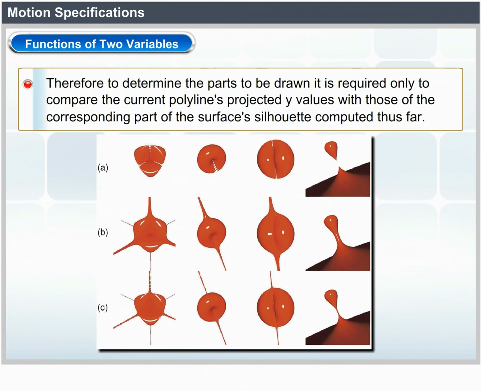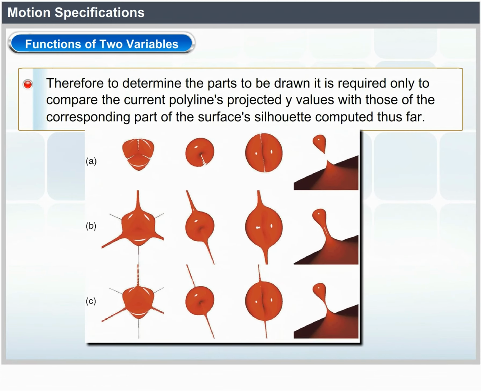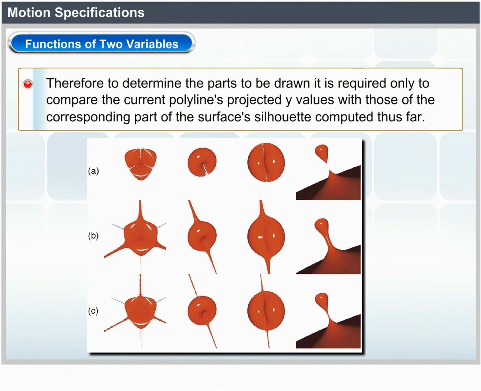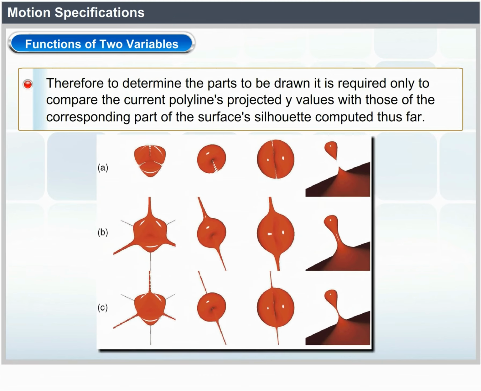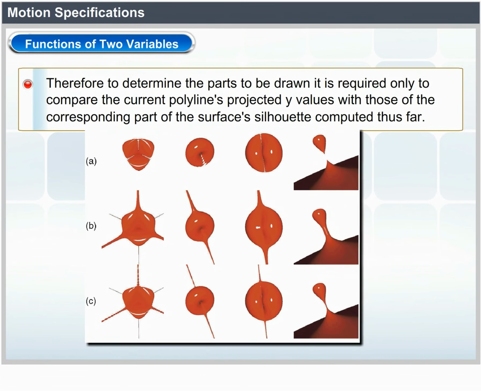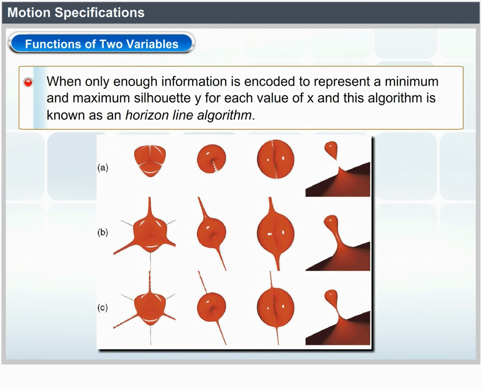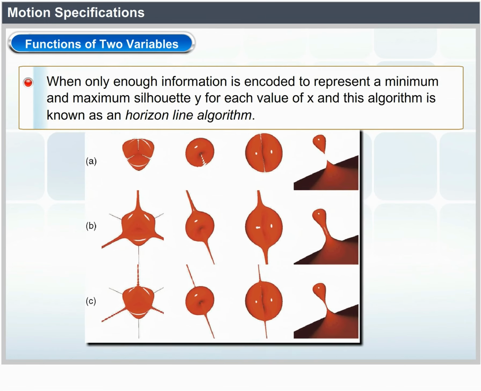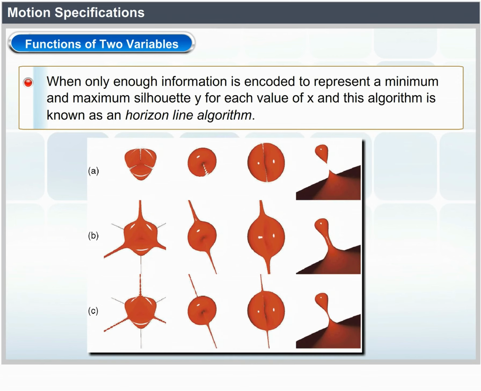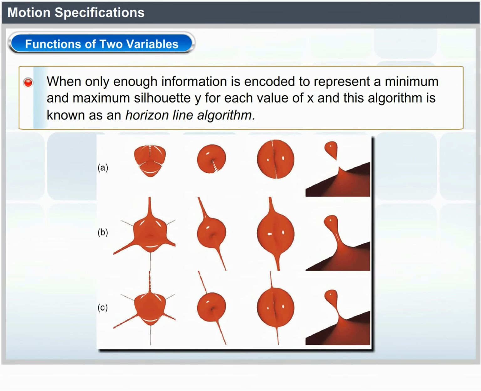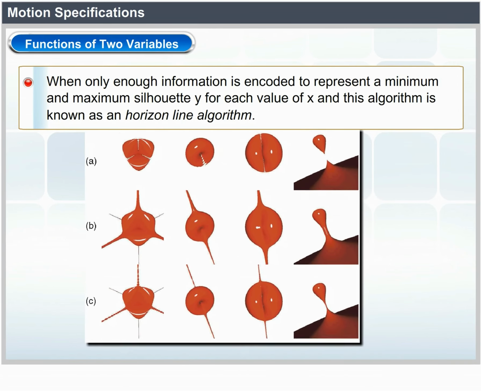Therefore, to determine what parts are to be drawn, we need only to compare the current polyline's projected y values with those of the corresponding part of the surface's silhouette computed thus far. When only enough information is encoded to represent a minimum and maximum silhouette y for each x, the algorithm is known as the horizon line algorithm.